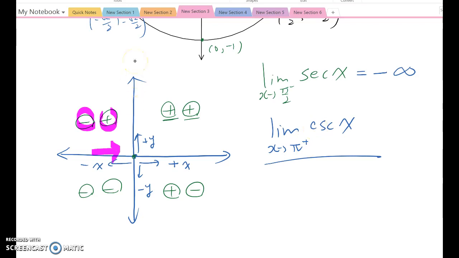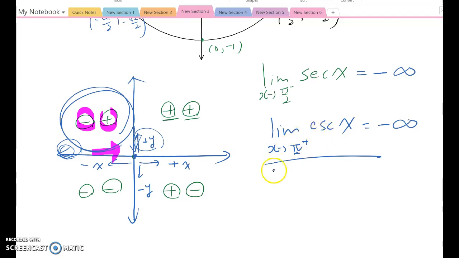Sine is up and down, right? If I'm asking from the positive side, which is this direction here, and where's pi? Pi is right here, basically. So in this case, the y value becomes positive, and cosine is already negative because of pi. So it also indicates this quadrant. So it becomes negative infinity as well, because one of them is minus and the other one is positive.